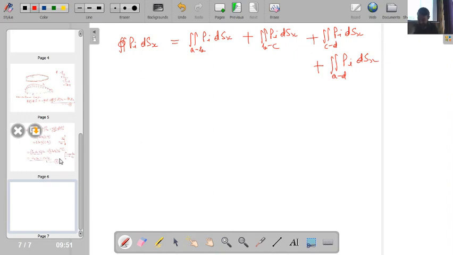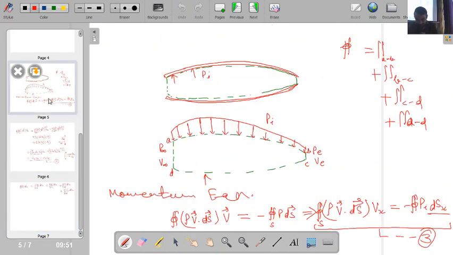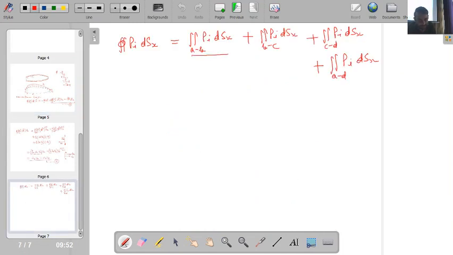Now if you see, this is my A to B. At A to B, I have some pressure variation, and at the moment I don't know this pressure variation. So A to B I will keep as it is, and likewise C to D also I will keep as it is.